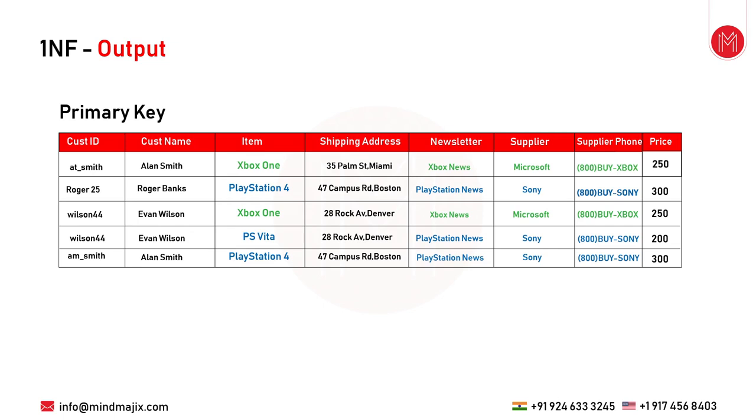Instead of wholesale in the supplier column, for Ivan, we have the name of the actual supplier, that is Microsoft and Sony. Instead of having the toll-free number in the supplier phone number, we have actually given the actual toll-free numbers for Microsoft and Sony. So we have normalized this table with the implementation of the first normal form.